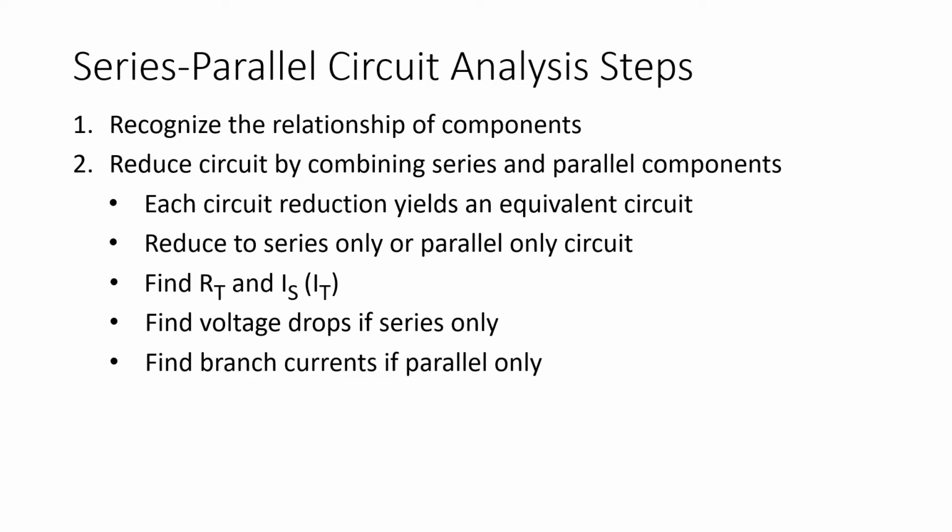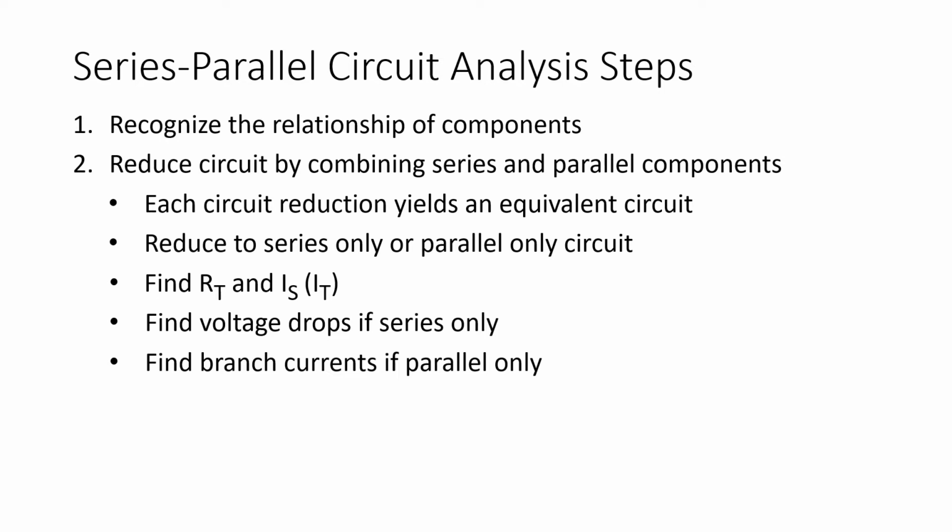We continue to reduce the circuit, combining series only or parallel only components, until we have finally derived a circuit that is a series only combination or a parallel only combination. At that point, we can find the total resistance and the source current.